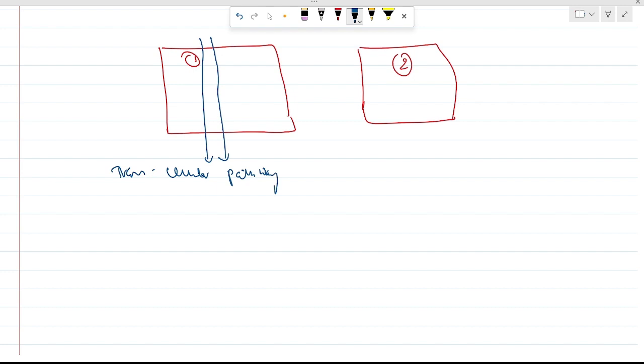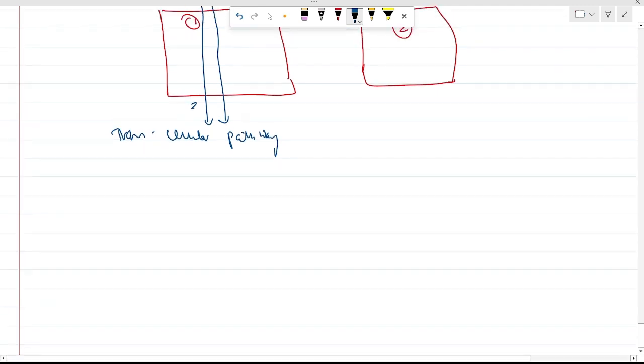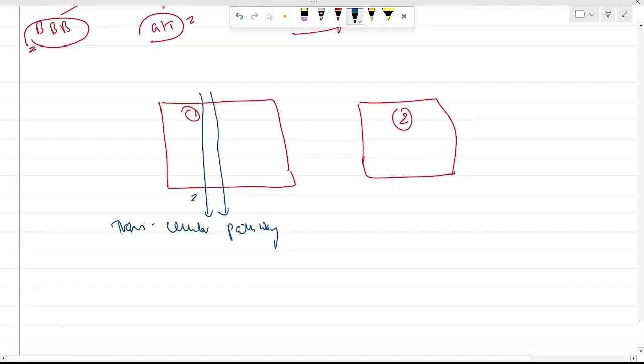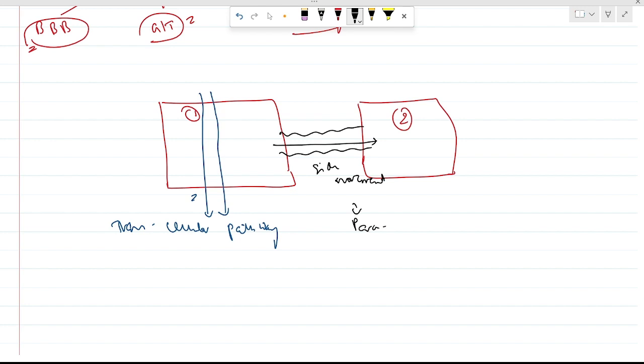And the second type of movement is across 2 cells, the side movement, called the paracellular pathway.